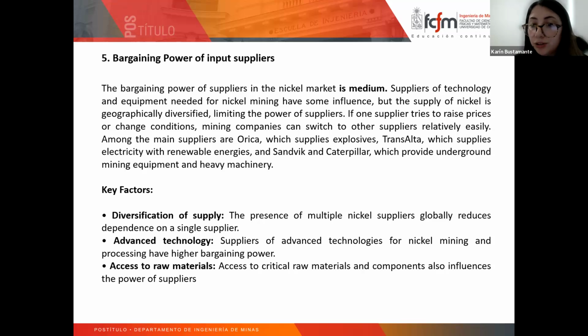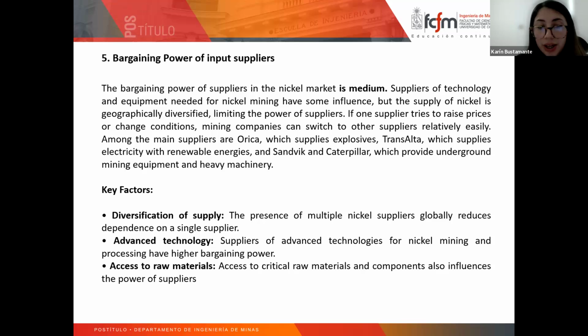If one supplier tries to raise prices or change conditions, mining companies can switch to other suppliers relatively easily. Among the main suppliers are Orica, which supplies explosives, TransAlta, which supplies electricity from renewable energies, and Sandvik and Caterpillar, which provide underground mining equipment and heavy machinery.